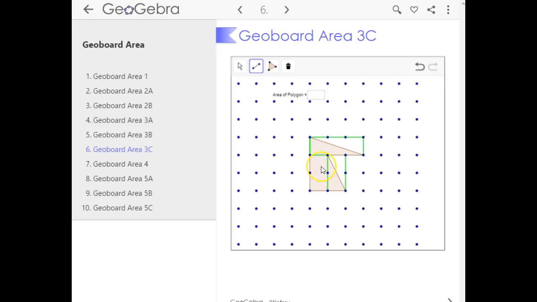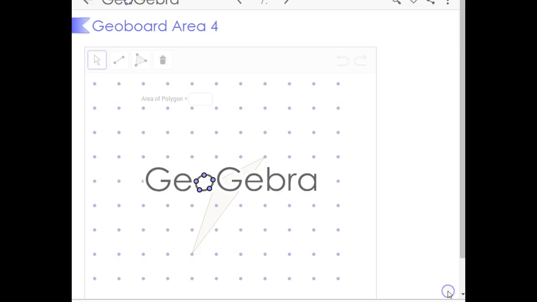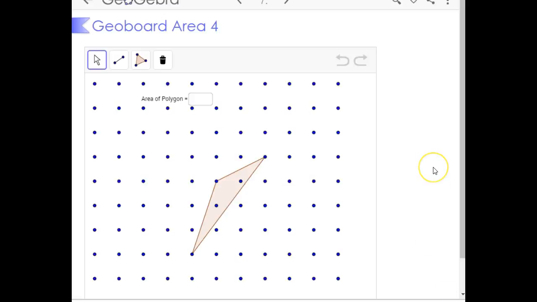Is that right? 1, 2. Then half of 3 is 1 1/2. And then half of 2 is 1, so that's 3, 4 1/2. And there's no checking this one. Okay, there's no checking that one.